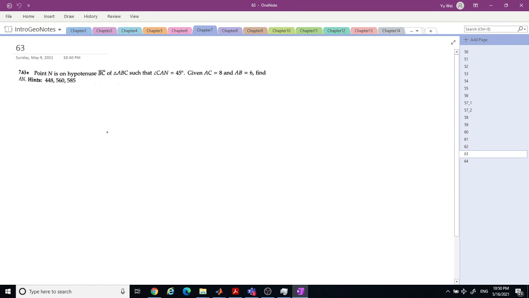So the point N is on the hypotenuse of the triangle ABC. This side is 6, this is 8. Find AN.